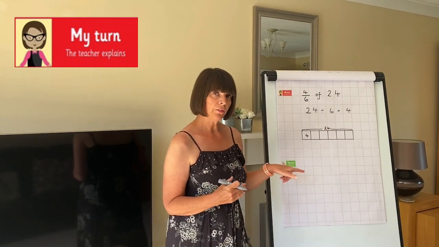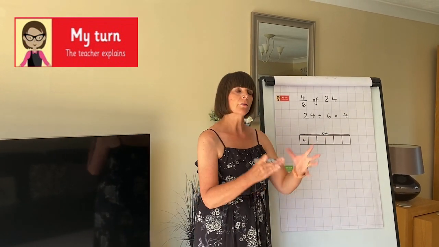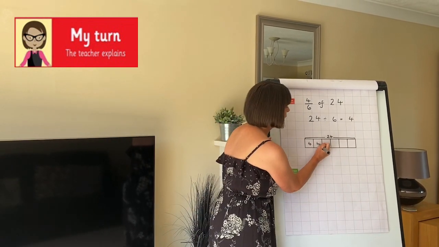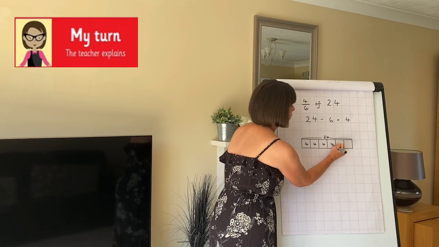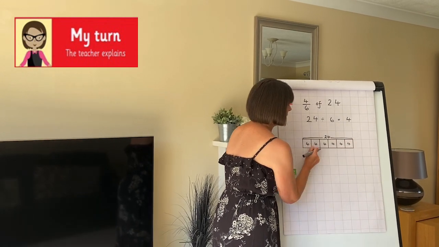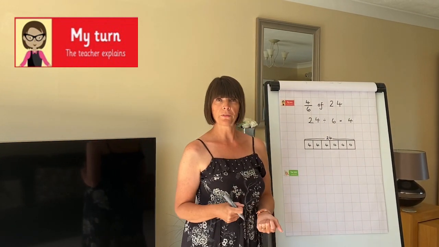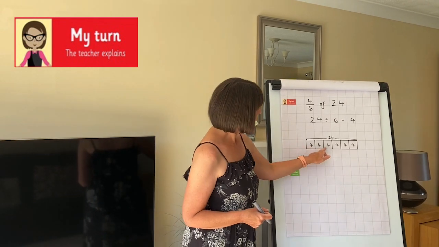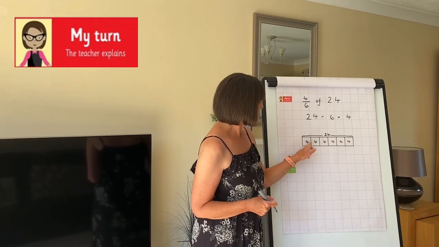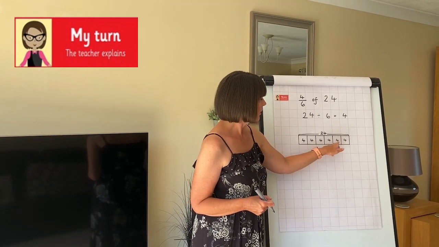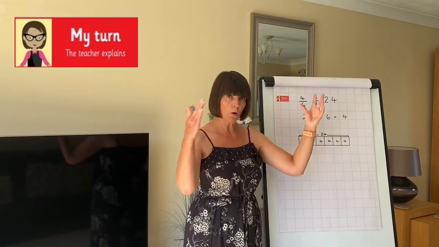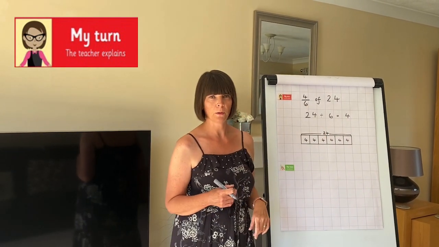If I know 1/6 is 4, because they're equal parts, because they're sixths, I know that every single one is equal to 4, because each square shows 1/6. So I can see that I've got 4, 8, 12, 16, 20, 24. I've got my whole amount of 24.